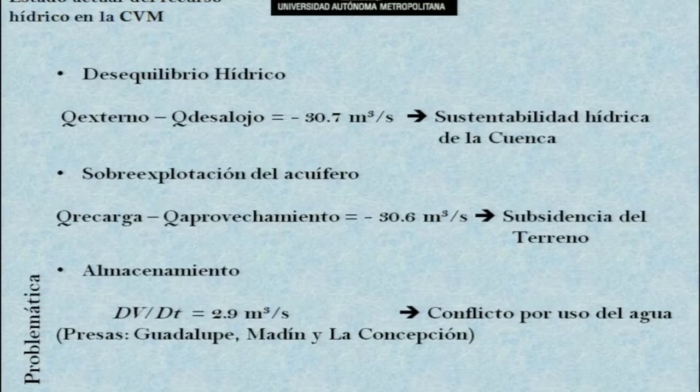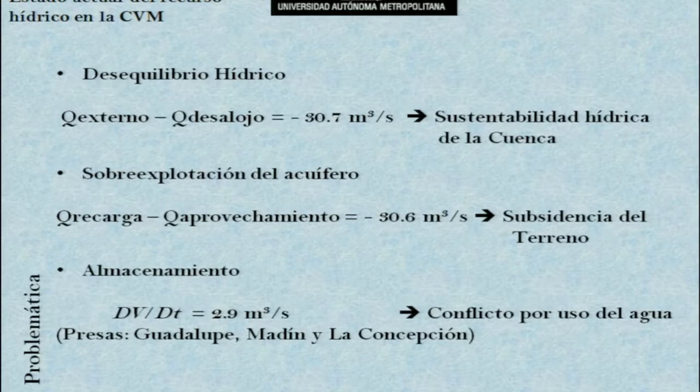If we continue with the second item, all the recharge of the aquifer, and subtract the use and the extraction wells, although we still have some waterheads, we see that there is a deficit of 30 cubic meters per second, an enormous excess exploitation, and this explains all the problems of the cracks, the leaks in the drainage systems and in the distribution networks.